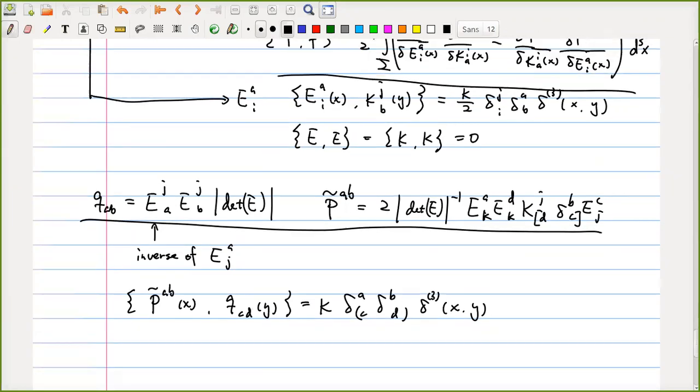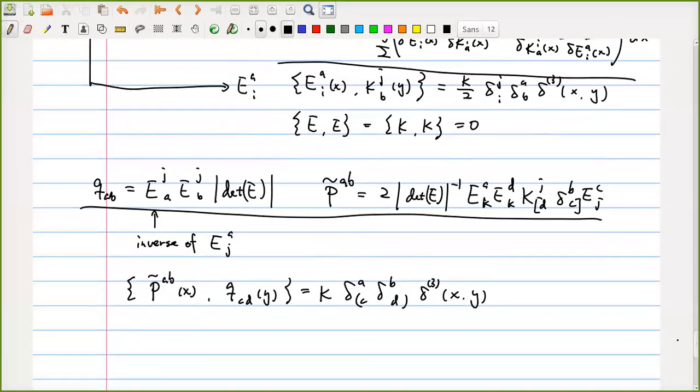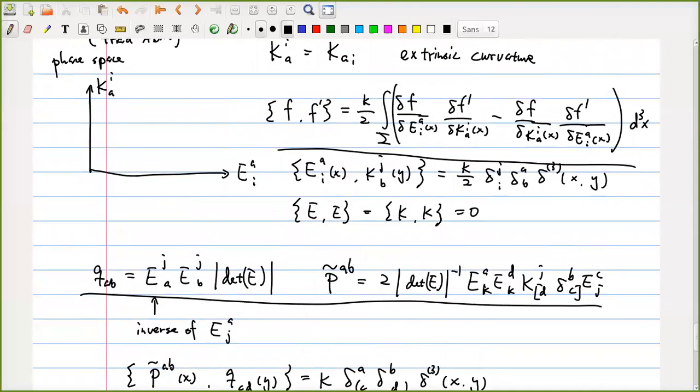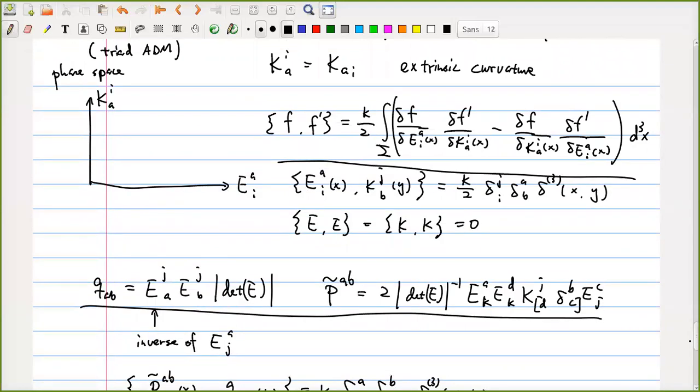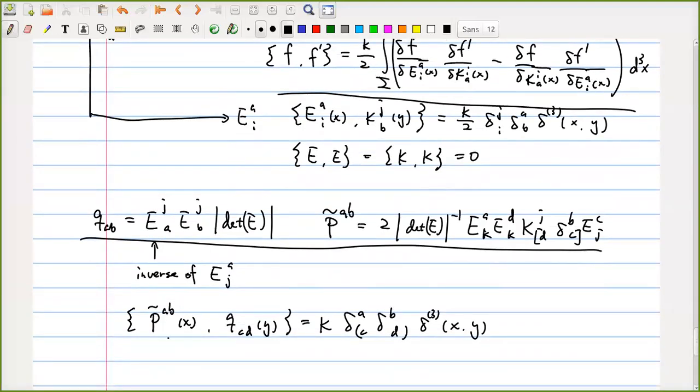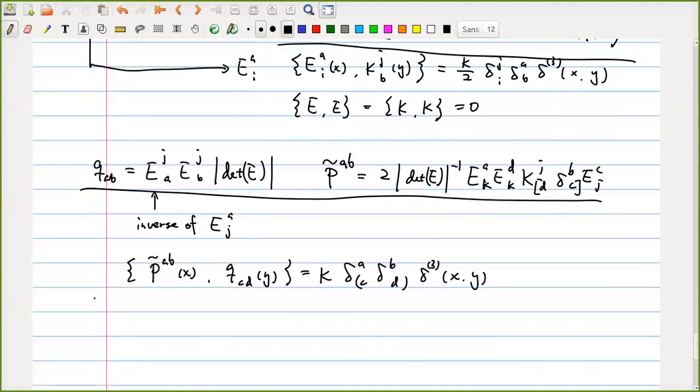I'm changing my convention for future convenience, which means I put the overall minus sign in front of the action. This is something I discussed last time already. So when I'm talking about new variables, I'm going to change my convention so that the Poisson bracket is now P in front of Q equals kappa times the delta function. I'm going to leave it as homework for you to check this.